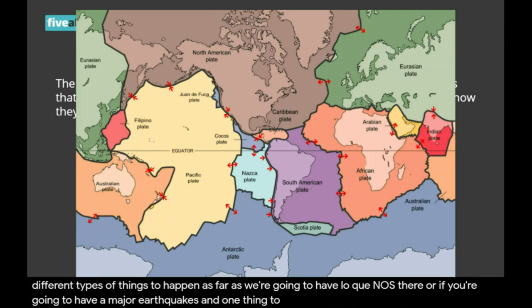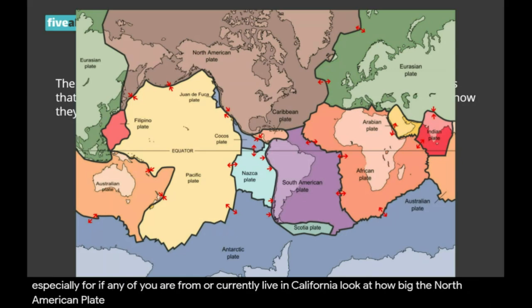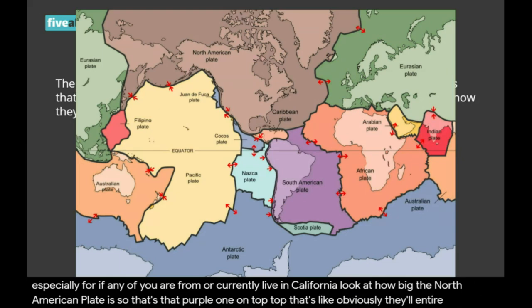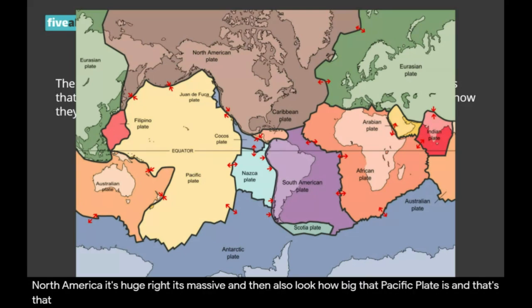And one thing to note that I always think is really fascinating, especially if any of you are from or currently live in California, look at how big the North American plate is. That's that purple one on top. That's obviously the entirety of North America. It's huge, right? It's massive. And then also look how big that Pacific plate is. That's that yellow one. So these two huge major plates are large, significant chunks of the Earth.